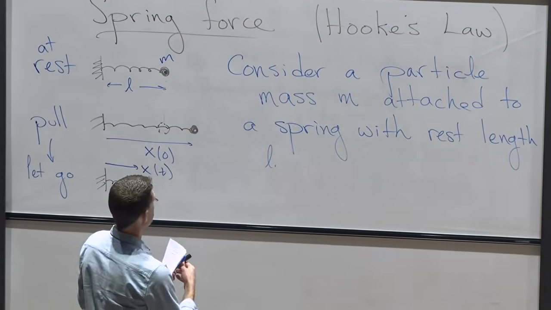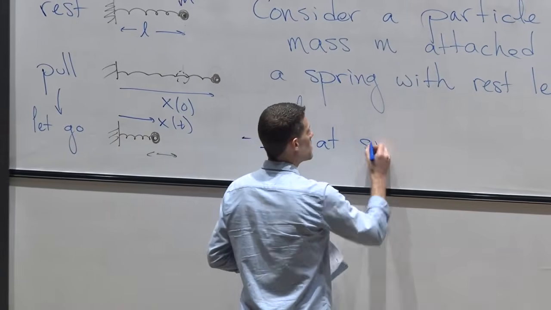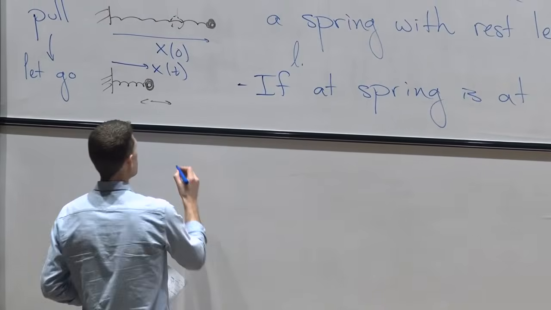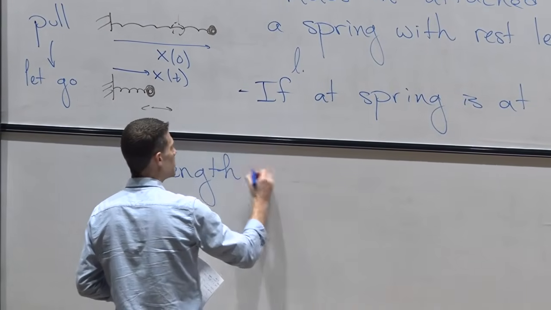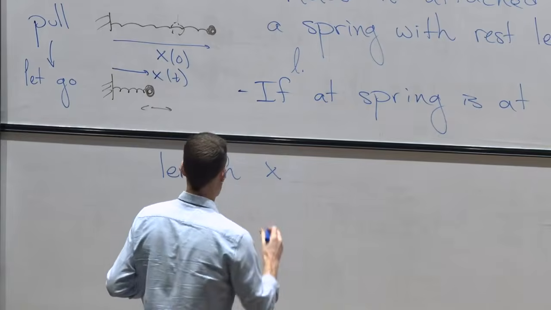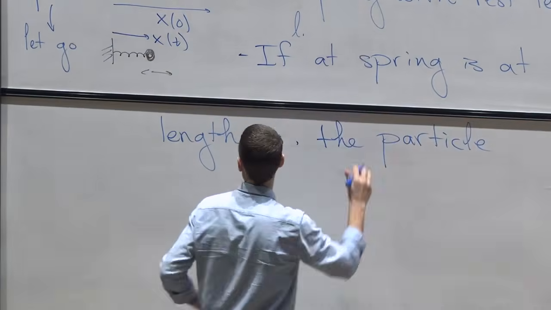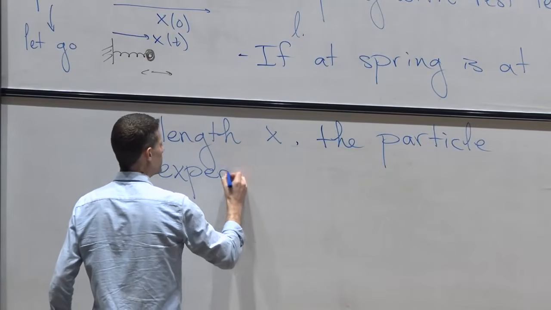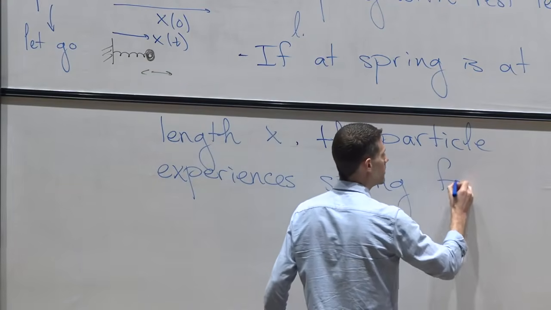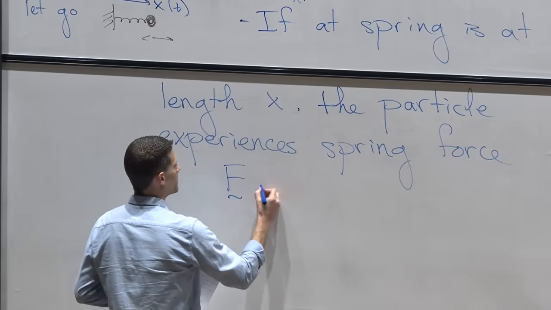So if the spring is at length x, so generic x not equal to L, could be equal to L, the particle experiences a force, which we call the spring force, and, well, let's write it as a vector.